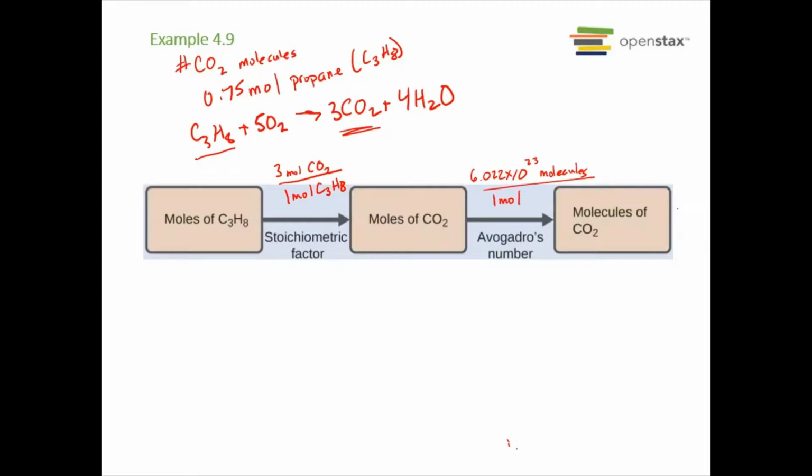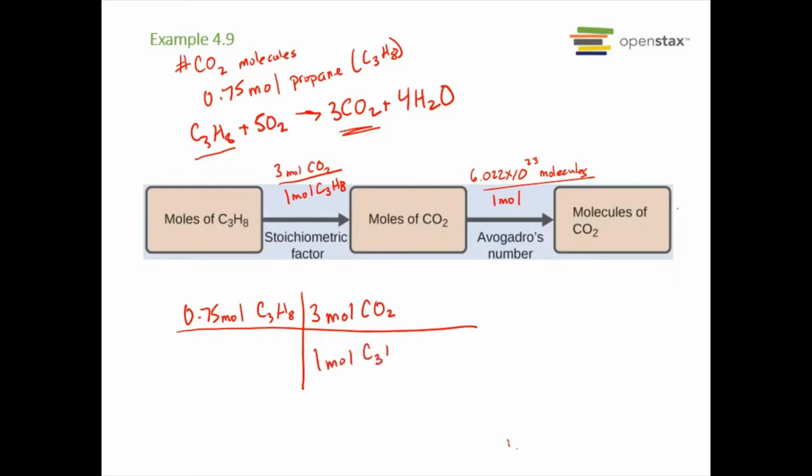So all that's left to do is plug and chug. So let's make our little table here. We have 0.75 moles of propane. And we want to change that to moles of CO2 using our factor here. 3 moles of CO2 for every 1 mole of propane. We can see moles of propane would cancel right there.